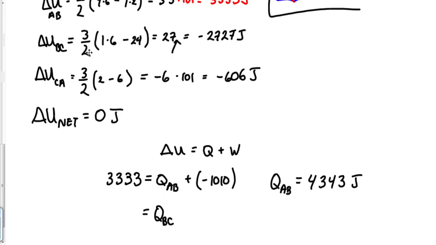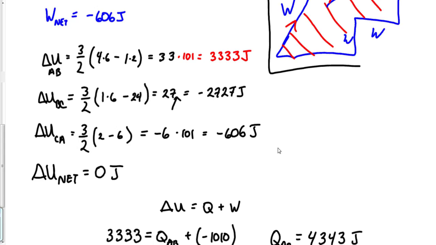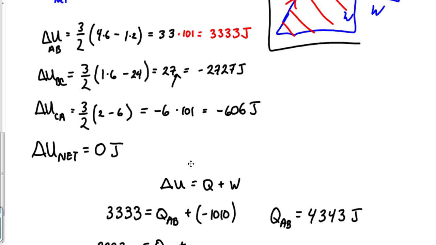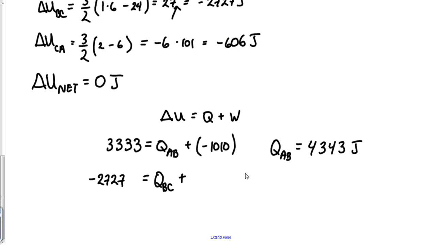I'll look at my delta U BC, negative 2727, plus my work for that side. My work was 0 for B to C, which means Q B to C is negative 27 joules. Hey, we're getting there.